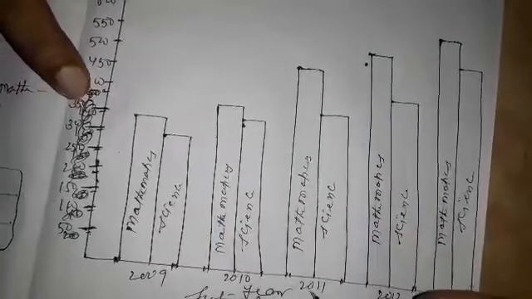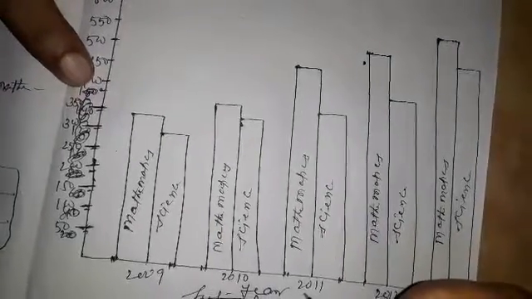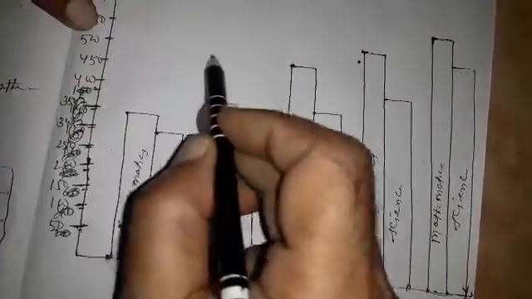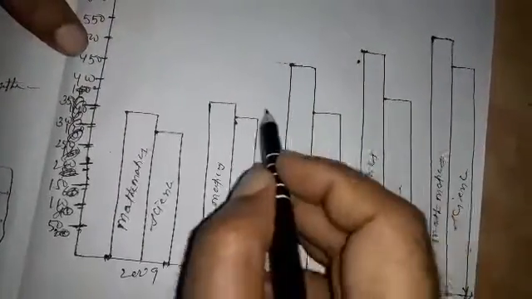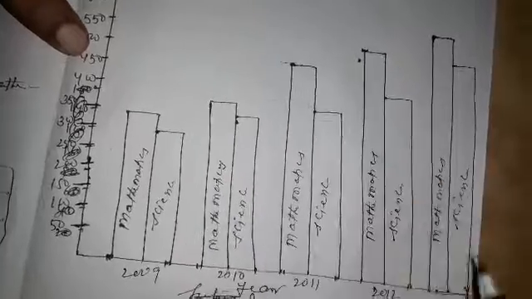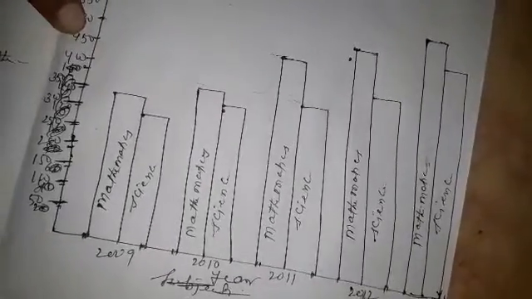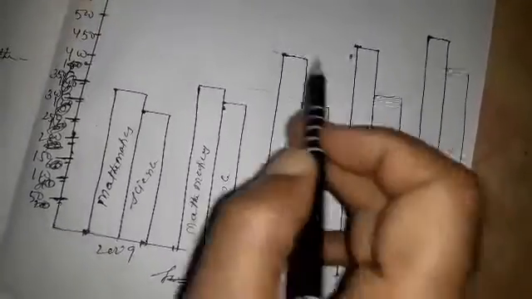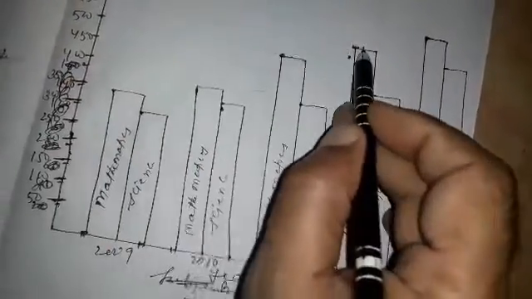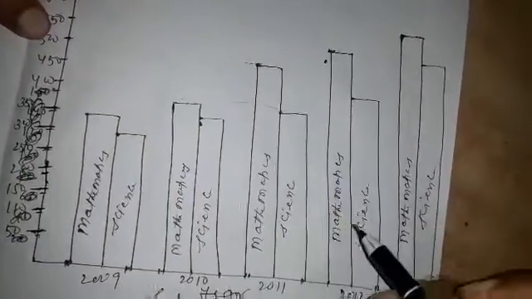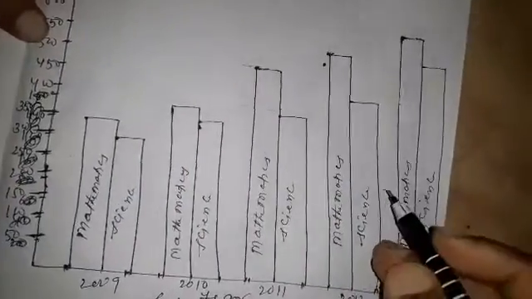In 2011, 500 maths books and 400 science books. In 2012, 550 maths books and 450 science books.